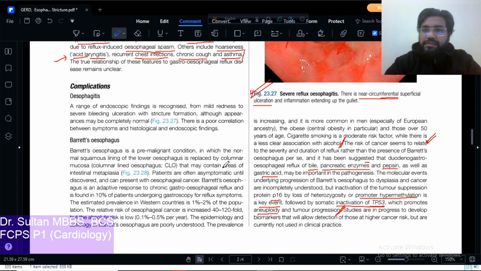There are some other important factors like promoter hypermethylation, inactivation of TP53, aneuploidy, and inactivation of the tumor suppressor gene, that is P16. These are also related to the development of cancer.